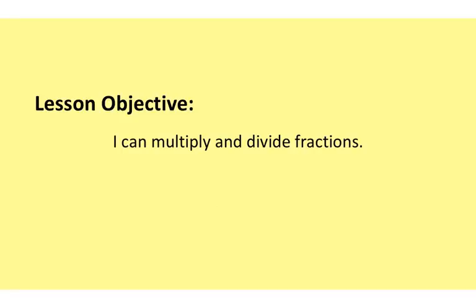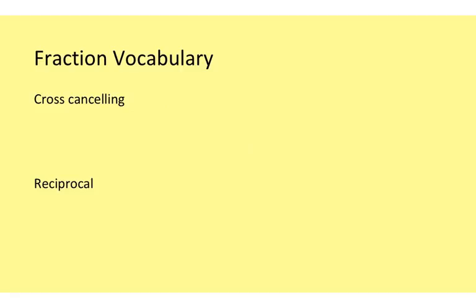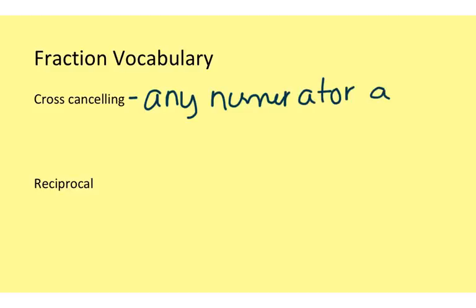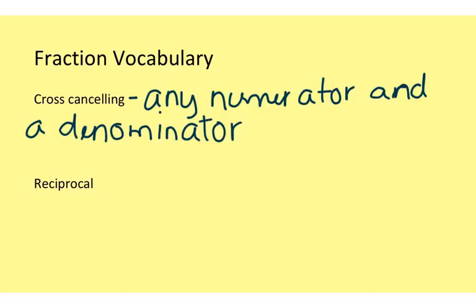But when we say fractions, we imply mixed numbers. Okay, so I have two new vocabulary words, cross-canceling and reciprocal. Cross-canceling can only be done when you're multiplying fractions, okay? And what it means is that you can reduce any numerator and a denominator by the same number.